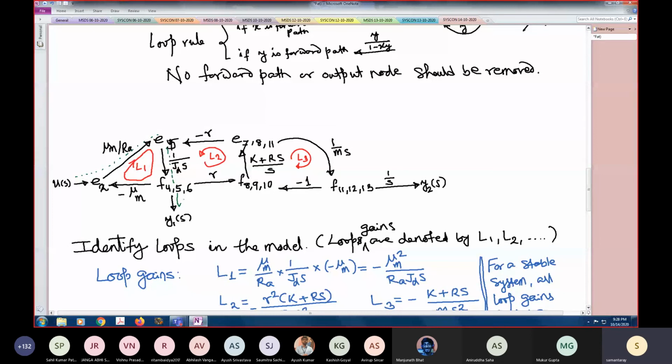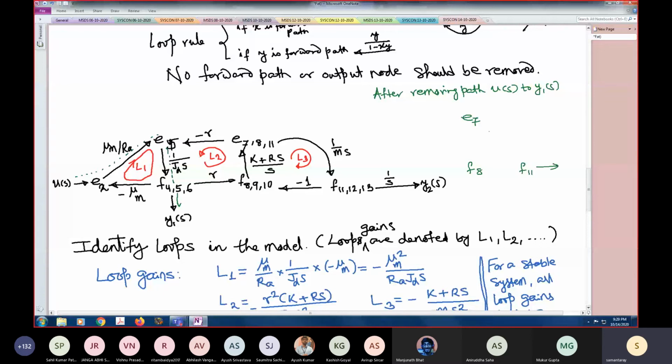So after removing the path U(s) to Y1(s), we get E7, F8, and F11, and this.